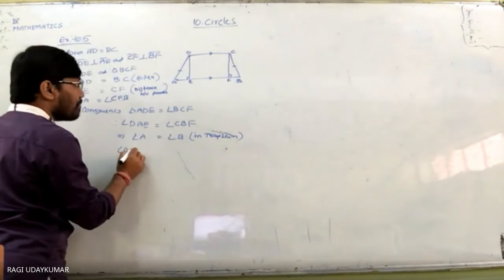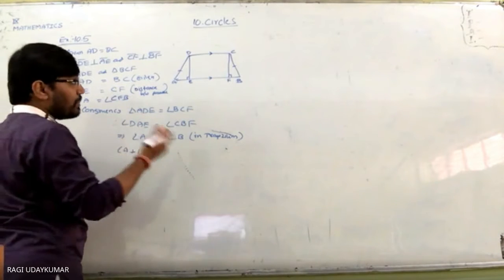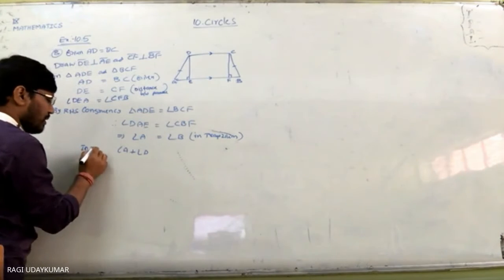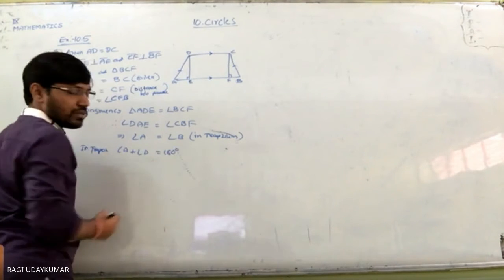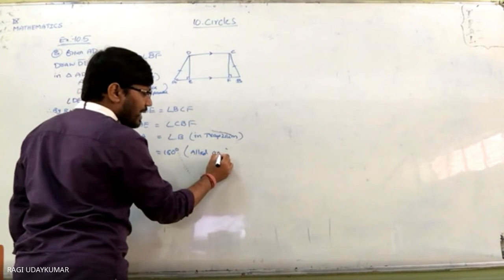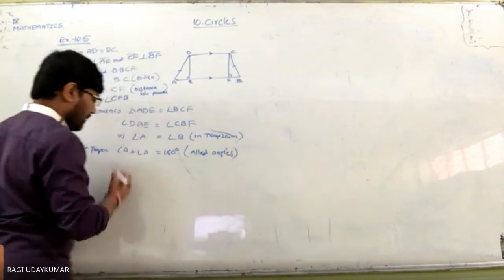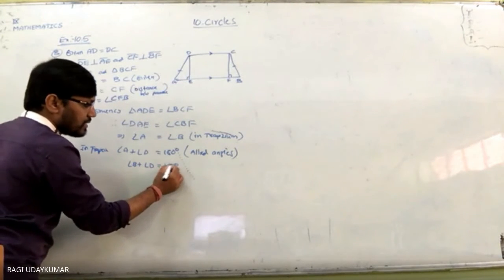And angle A plus angle D in the trapezium is equal to 180 degrees because of allied angles, co-interior angles. And A equal to B, so angle B plus angle D is equal to 180 degrees.